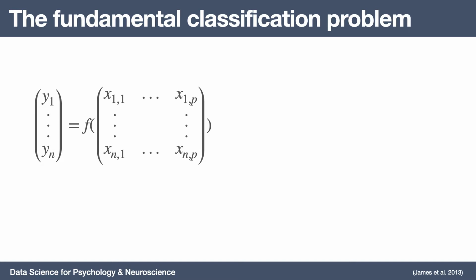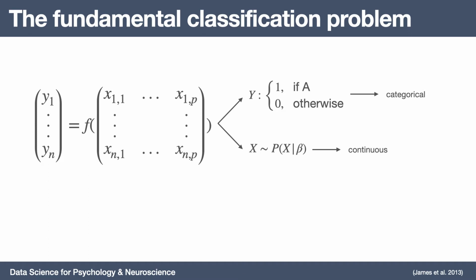But unlike in the standard regression case, in classifiers y is categorical. In this case, let's consider y being binary. It's either 0 or 1 depending on the state of whatever y is coding. And x can be anything, but in this case, let's just consider x as being a continuous set of variables, so samples from normal-ish distributions.